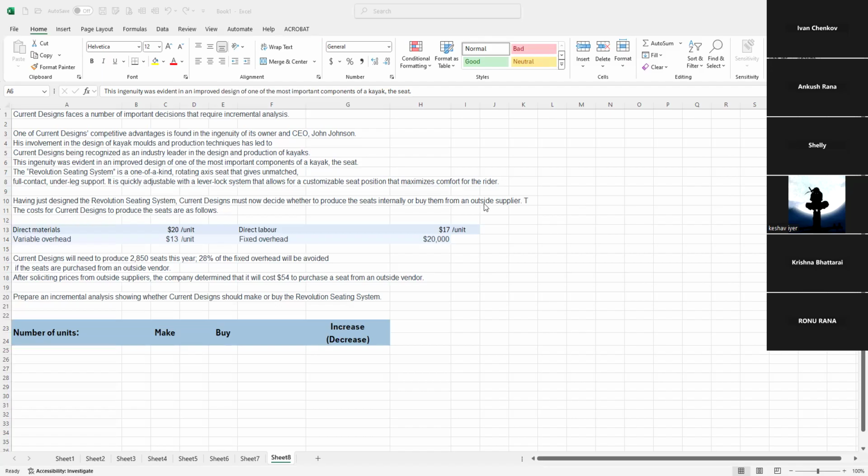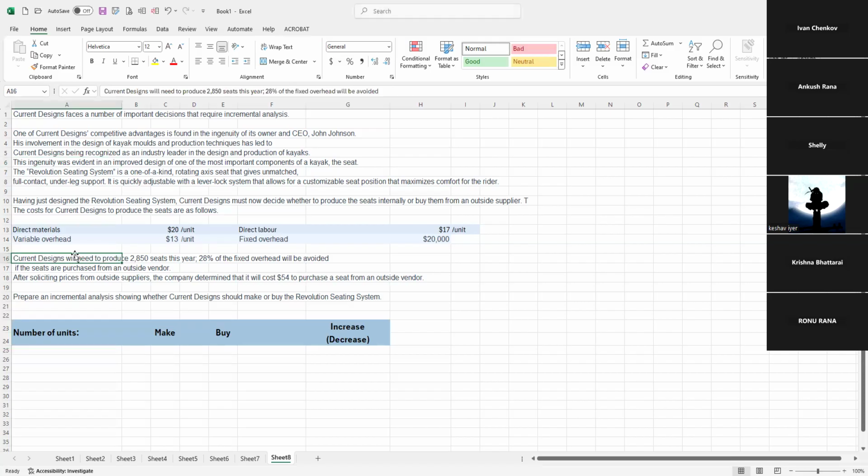That's our decision. The cost of the current design is given: direct material, direct labor, variable overhead, fixed overhead. The company needs to produce 2,850 seats this year. 28 of the fixed costs will be avoided if the seats are purchased from the outside vendor.